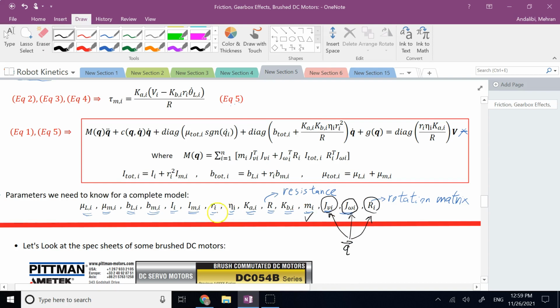Then the gearbox reduction, the efficiency of the gearbox, the back EMF constant, the torque constant, the resistance, right? And the inertia of the shaft of the motor, these, as well as the friction terms.